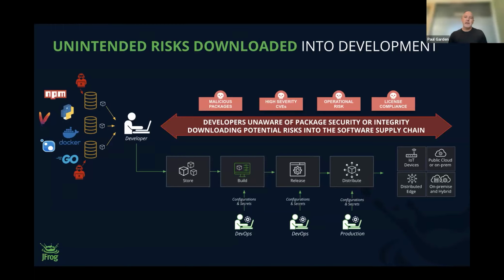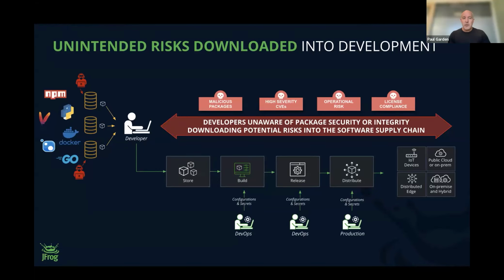And these can be a multitude of different kinds of things, but we're focused on malicious packages. You don't really want to be bringing those in, especially not into your production environment. There could be high severity or critical severity CVEs, which is going to cause you a headache and remediation later in the software development lifecycle.